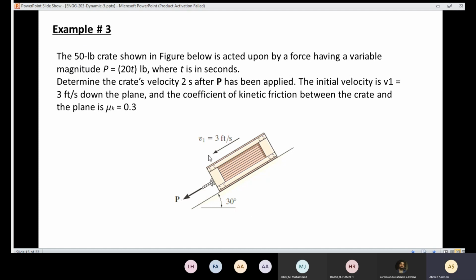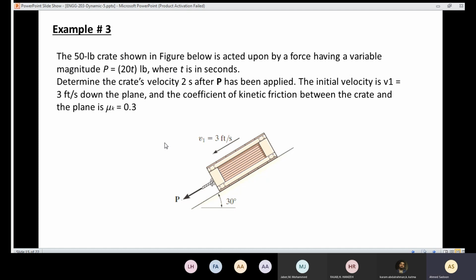So here we have a crate with a weight of 50 pounds, and it's acted upon by a force having a variable magnitude. That force depends on the time. The force here is P equals 20t, where t is the time in seconds.